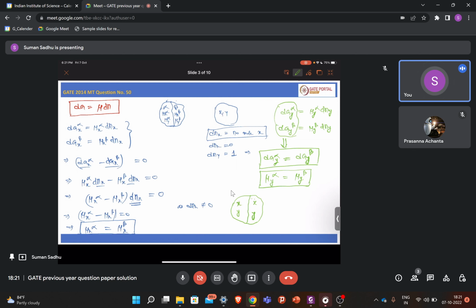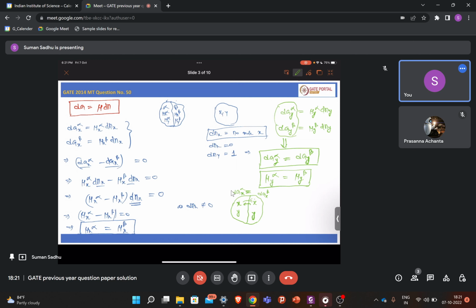to the free energy of the component x in the alpha phase is equal to the free energy of component x in the beta phase. So for a particular component, that free energy should be equal. Then only transfer of x from this side to this side or this side to this side will not be possible.